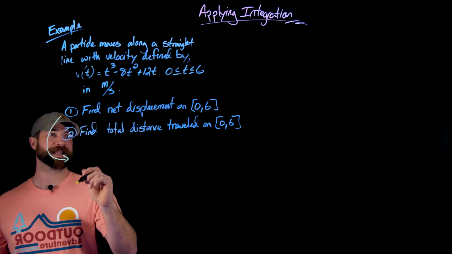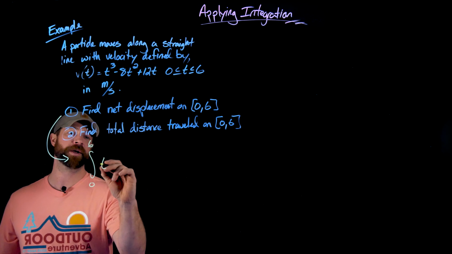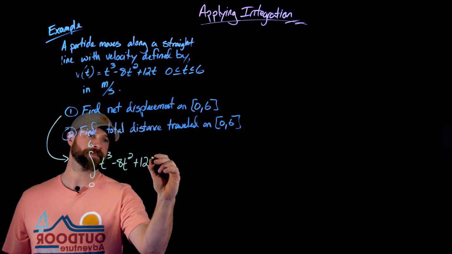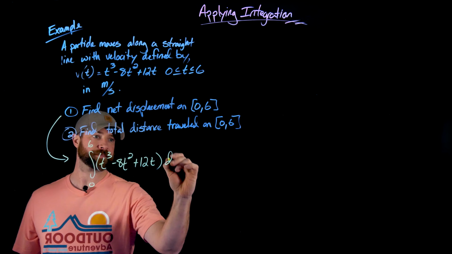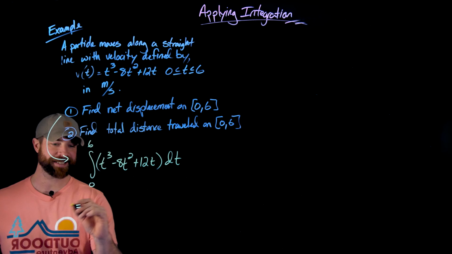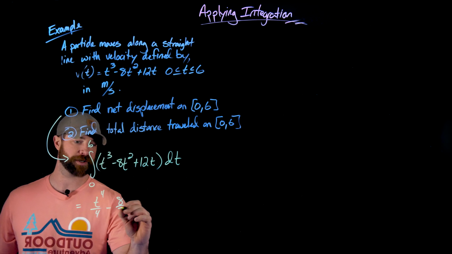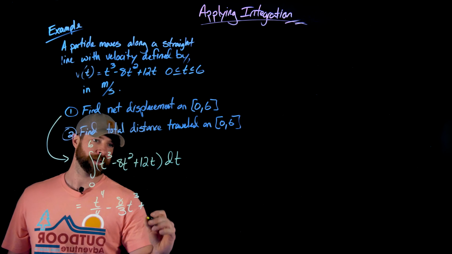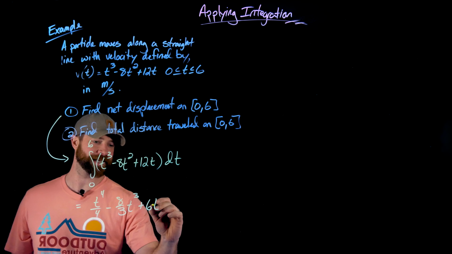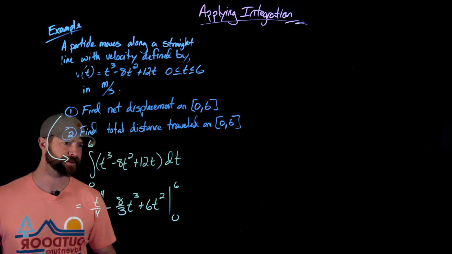So in this case, to find the net displacement, given this velocity function, we just need to integrate it on this interval from 0 to 6. And evaluating this polynomial integral is really easy in this case. We'll just use this anti-power rule again on each of these terms. This is going to be a t squared divided by 2, so I'm just going to write that as 6t squared. Evaluating from 0 to 6.